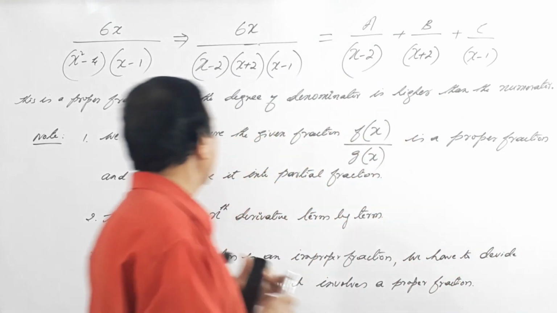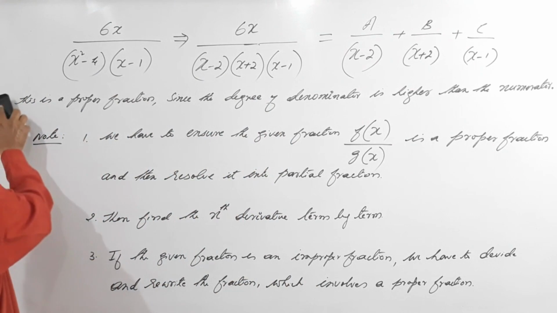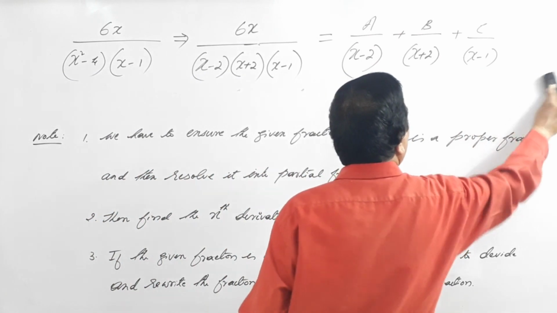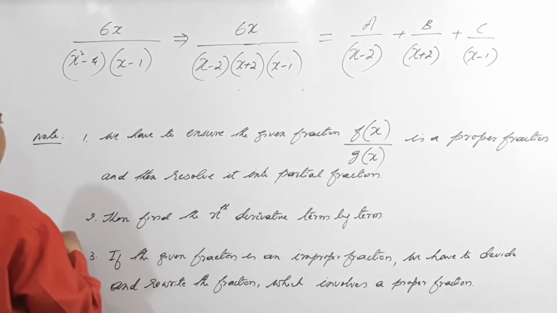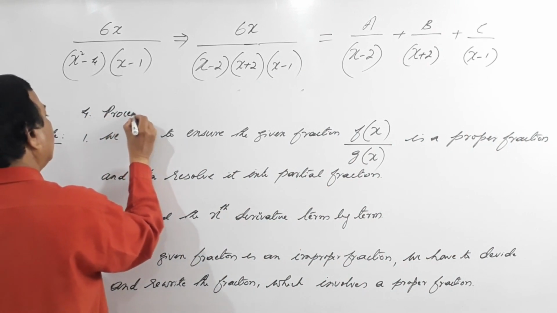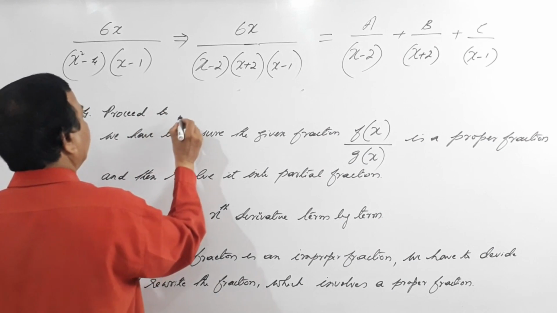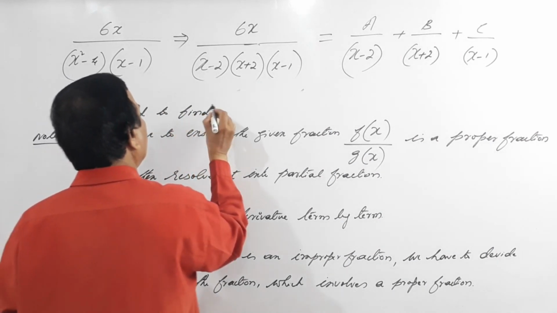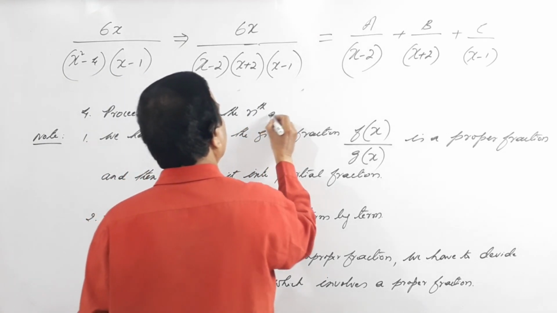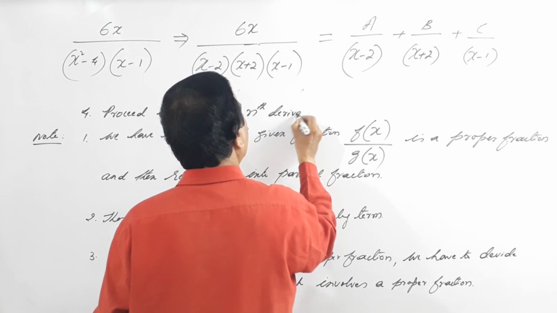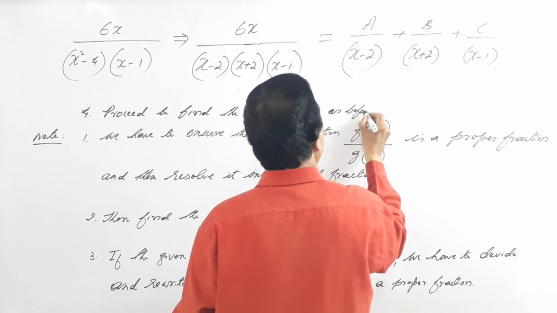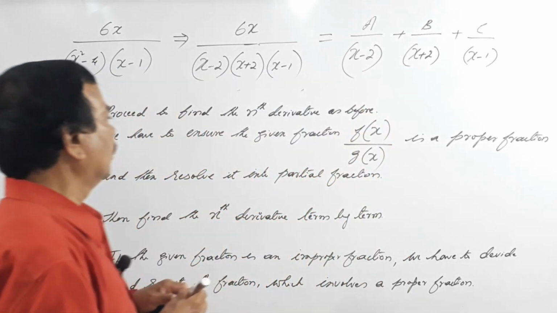And the last point, fourth one: proceed to find the nth derivative as before. So what you have to do?